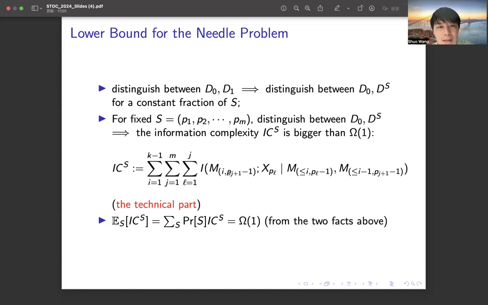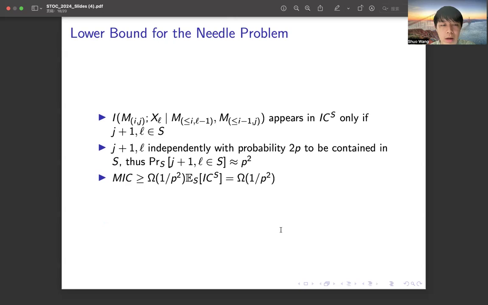And if the streaming algorithm can distinguish between D0 and D1, it can distinguish for a constant fraction of S, and for those S such that the streaming algorithm can distinguish between D0 and DS, the information complexity ICS is bigger than omega 1. So this term is bigger than omega 1.